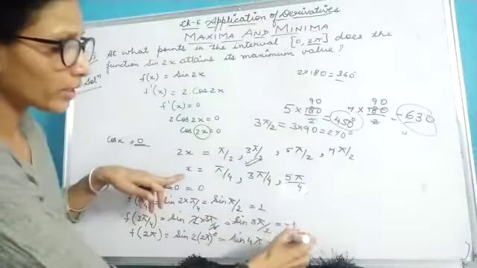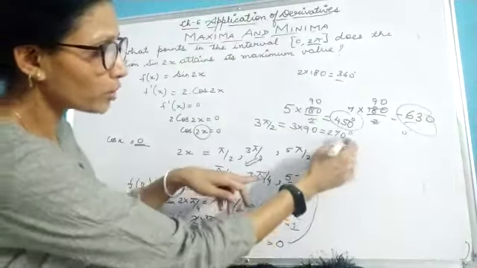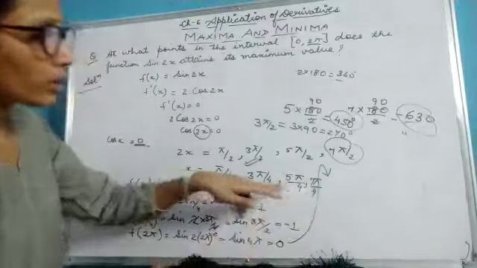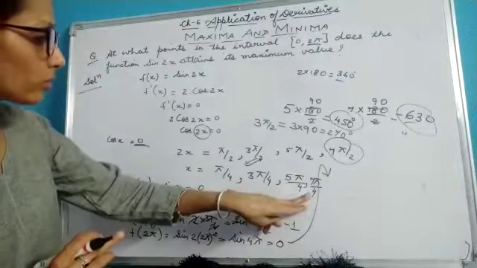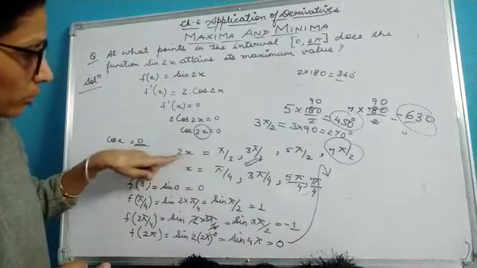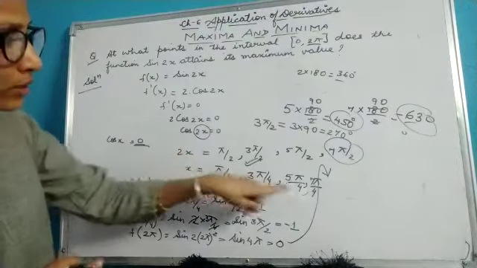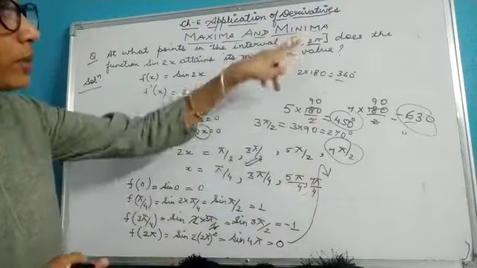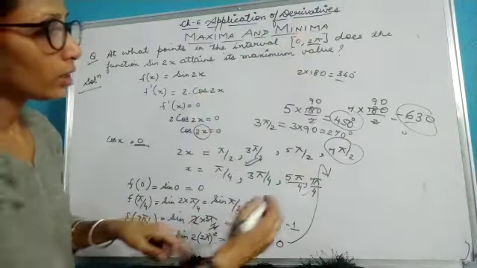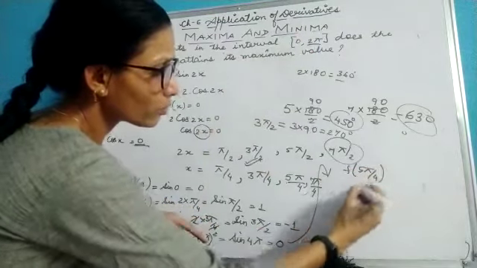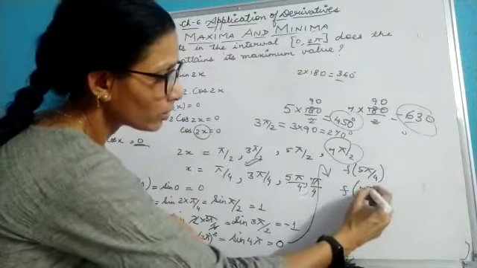So I will be checking for these 2 points also. After this it will become 7 pi by 4. So these values are also to be taken. I just made a mistake over here. This was 2x, but when I change into x, these two values are also coming in between the given interval. So I will be checking f for this value and for this value.